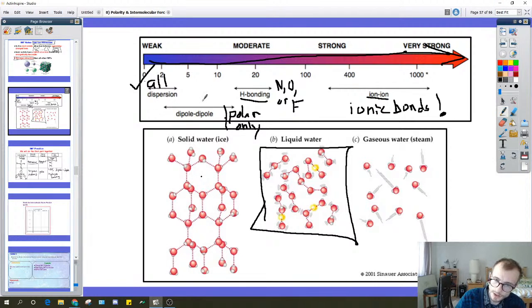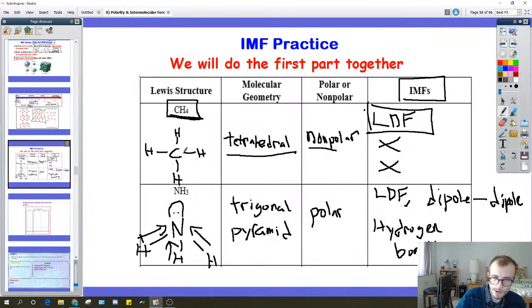If it's a polar molecule, which is why we spent so long on that, it's going to have dipole-dipole interactions. And in the special case where you have hydrogen bonded to nitrogen, oxygen, or fluorine, you'll have H bonds. That's the gist of that. And don't feel bad about having to Google the Lewis structures if you forgot how to draw them. At this point, we're trying to focus on polarity, intermolecular forces, and all that jazz.